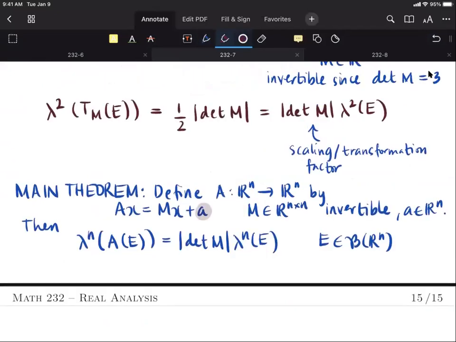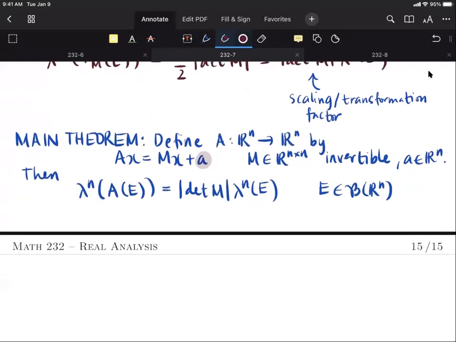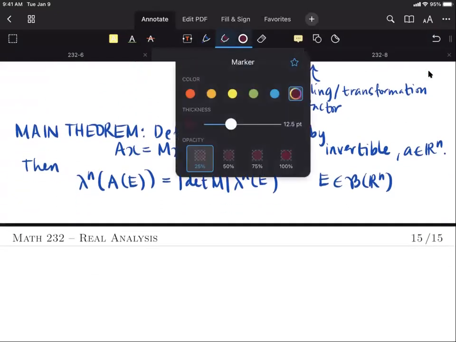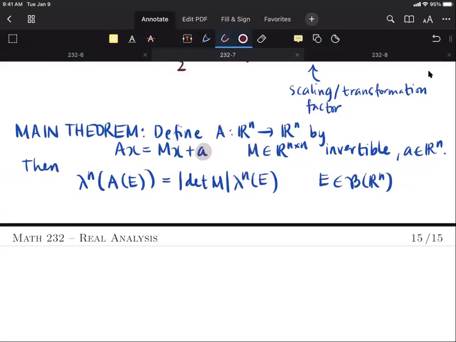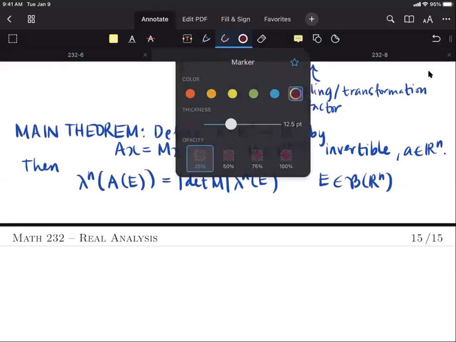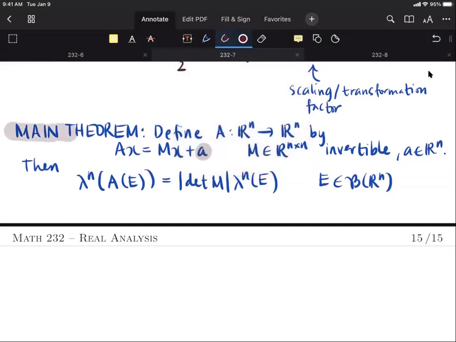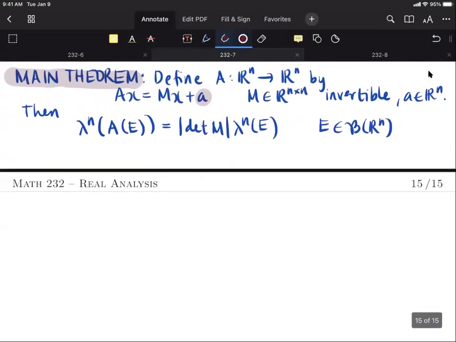As we said, a translation does not change the Lebesgue measure. And this is the goal of the succeeding discussions. And we will prove this in several theorems.